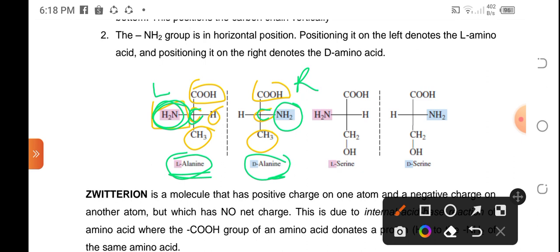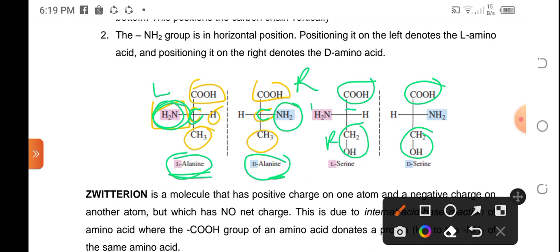Okay, another, let's have serine. Serine will have CH2OH as its side chain, or the R, or the amino acid residue. So still the carboxyl group is on the topmost position of the Fischer projection, and the residue is at the bottom. On the horizontal positions are the hydrogen and the amino group.